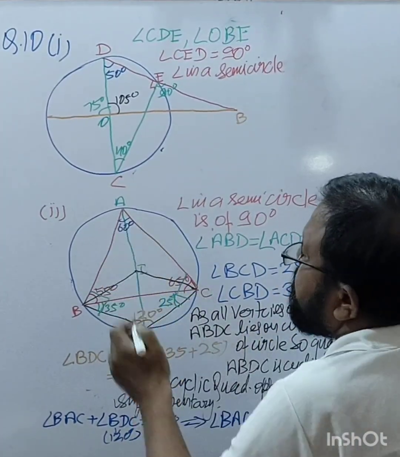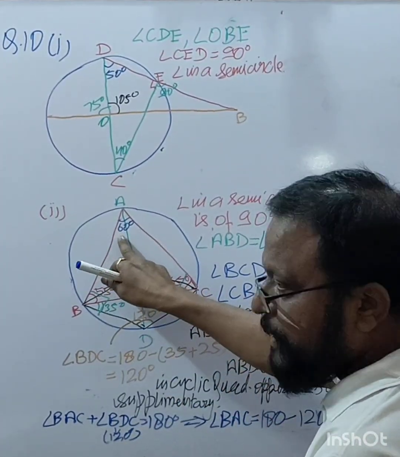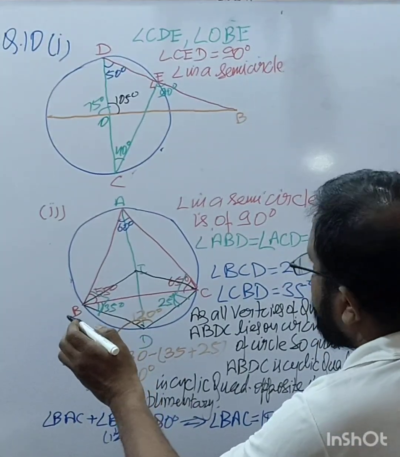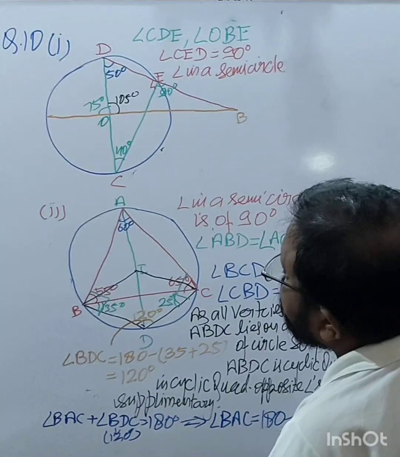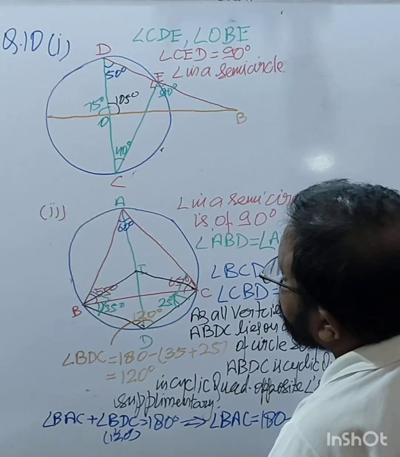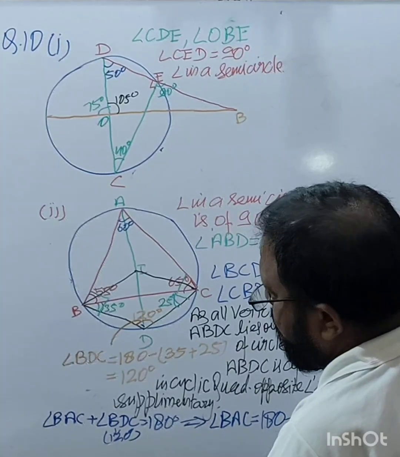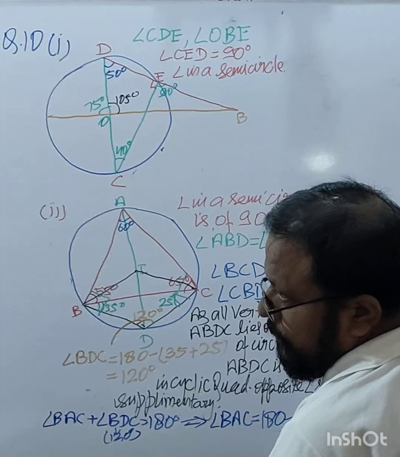So this angle is of 60 degree. Then we go for here. What do you have to find? DCI.